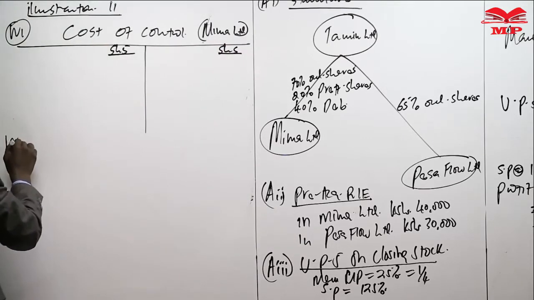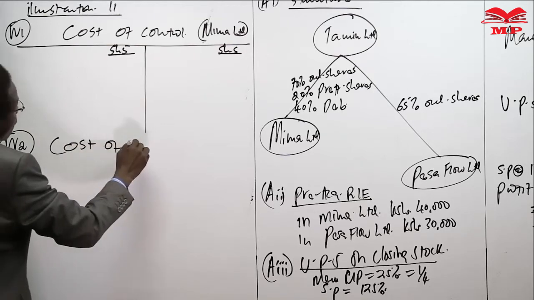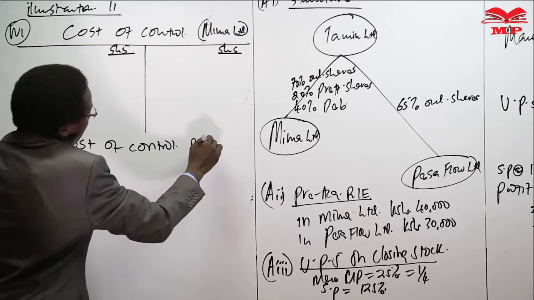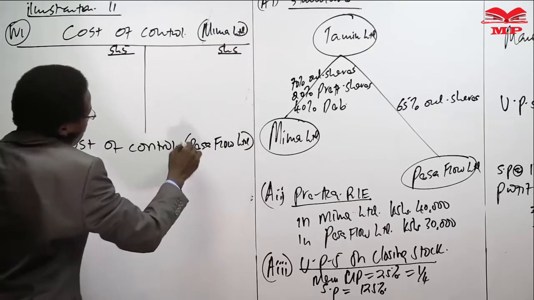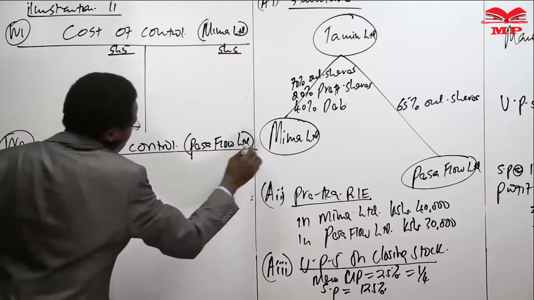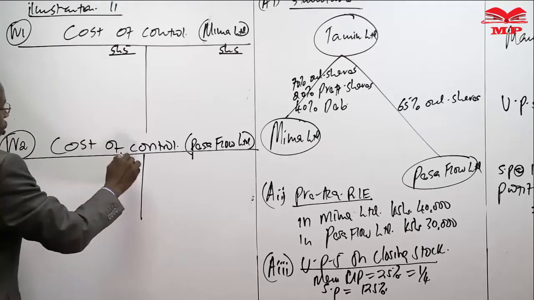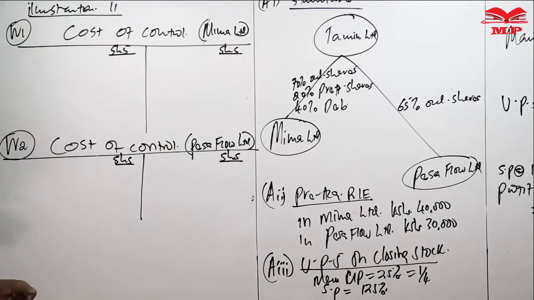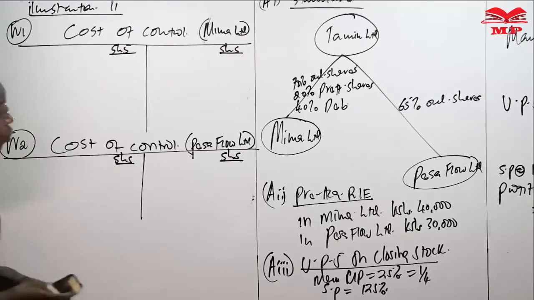Then working number 2, I'll also have the cost of control, this is in respect to Pesaflow Limited. We have these in shillings, like that.